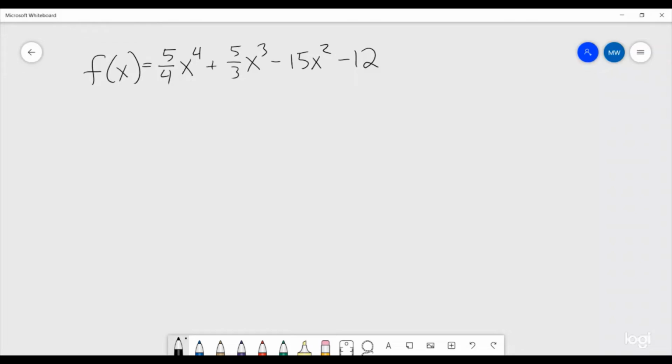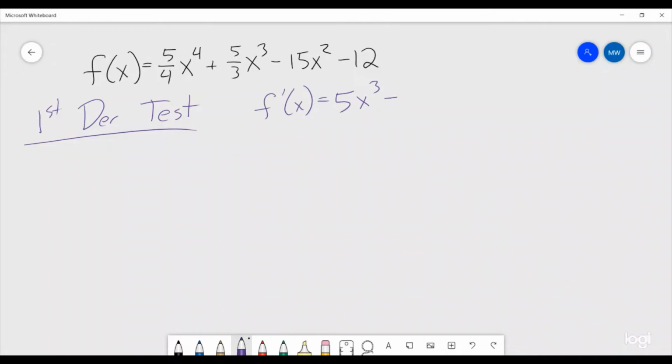Alright, so let's start by doing it by the first derivative test. If we are trying to solve this using the first derivative test, let's go through and find out what the first derivative is. Well, f prime of x, this is just a polynomial, so we take the derivative and we get 5x cubed plus 5x squared minus 30x.